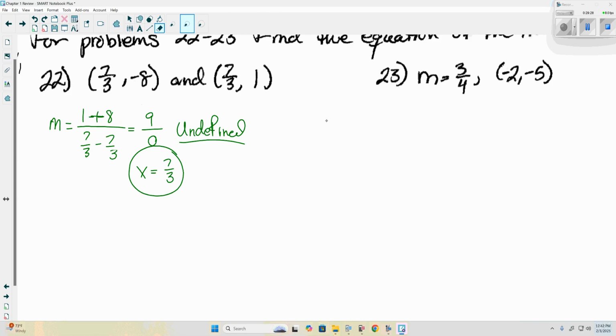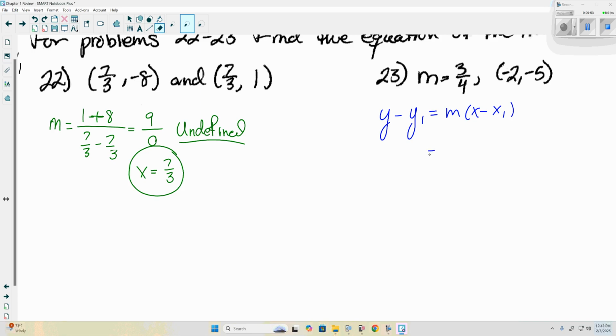If the x values are the same, it's going straight up and down. Because since it gave us 2 points, we had to find the slope first. It's undefined, so it's just x equals. If we got a number for the slope, our next step is put in point slope form. And then get it into y equals mx plus b form.